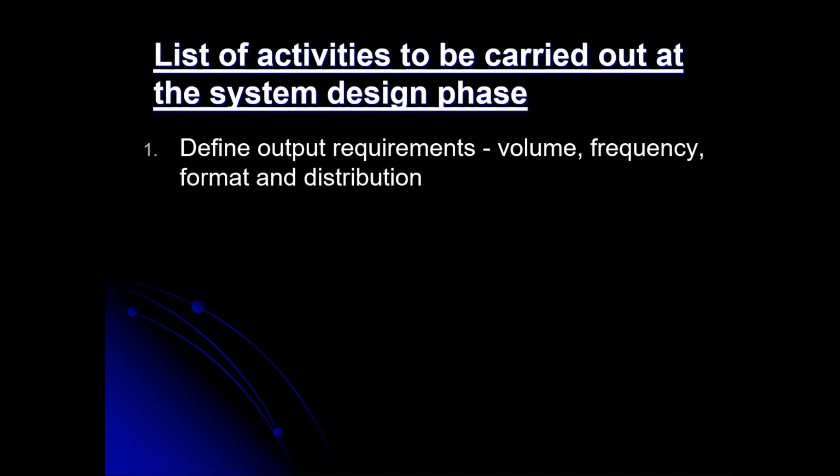Volume means how many records you are going to have in your output. Frequency means how often you are going to get this output. Format means the layout of your output. You have to design the layout of your output. And distribution means to whom you are going to give this.